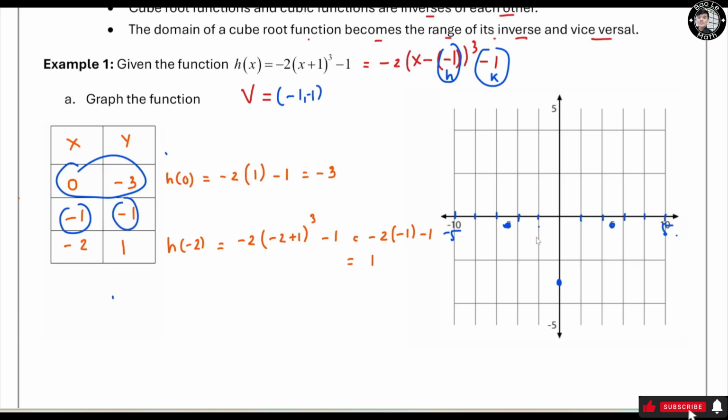This is the vertex, so it's going to be right here. Now s equals -2, y equals 1, so it's going to be right here. Right? Now if we graph this one, it's going to be something like this.